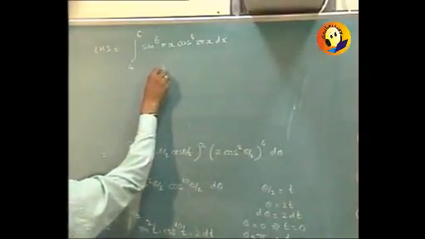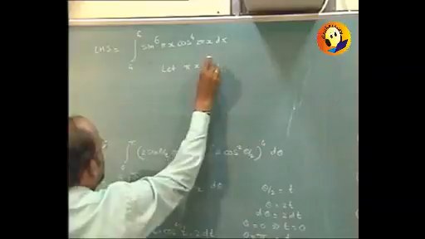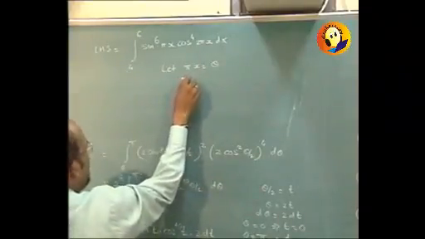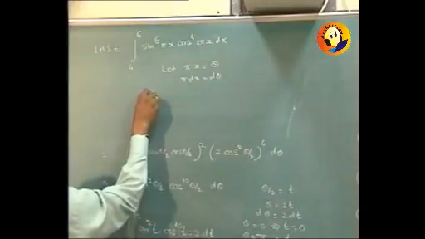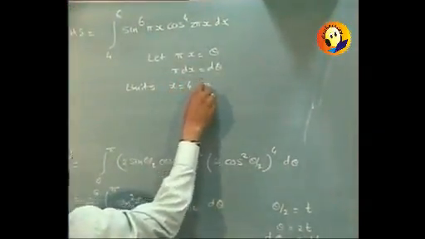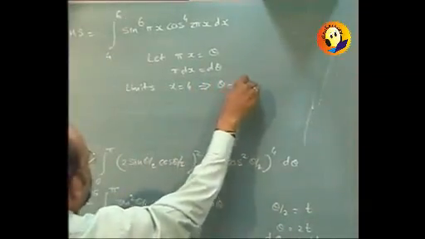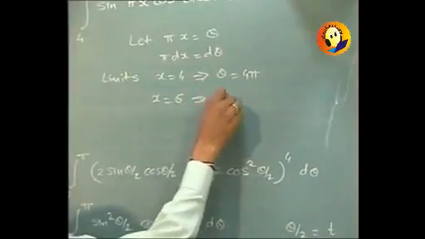We will go for a substitution as let pi x is equal to theta. Therefore, pi dx is equal to d theta. Limits: x is equal to 4 implies theta equal to 4 pi, and x is equal to 6 implies theta is equal to 6 pi.